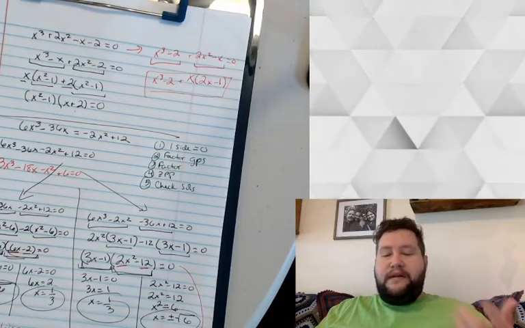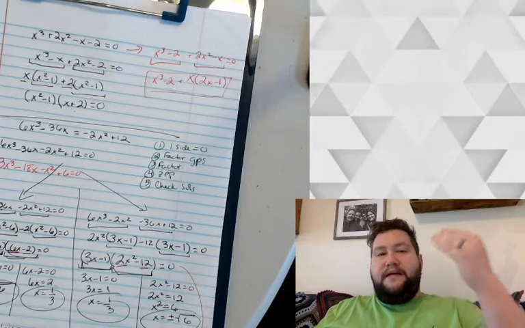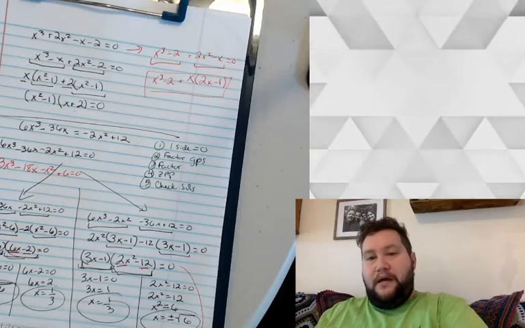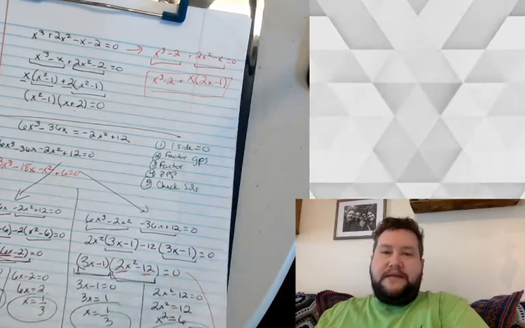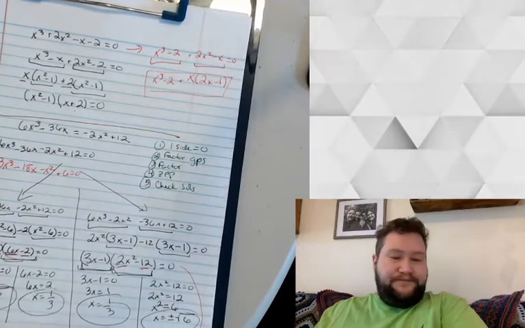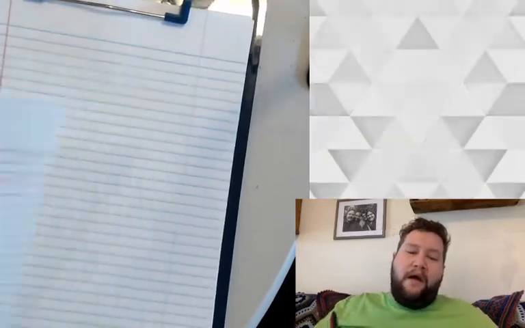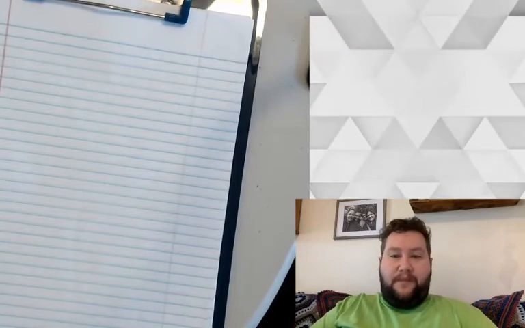So it's really important that we try to pick knowing where we're going, so that it leads us there a little bit more quickly. All right, so that's factor by grouping.